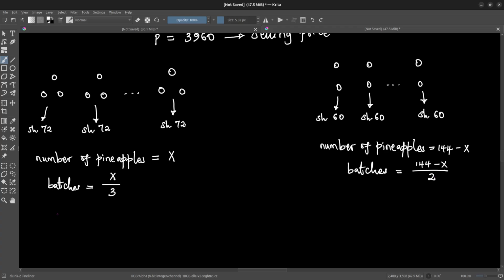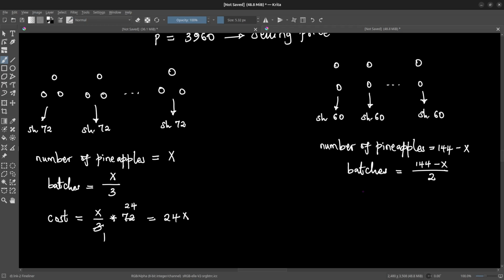Now let's calculate the cost. To get the cost, we do the number of batches, which is X over 3, multiplied by the cost per batch. The cost per batch was 72 shillings. And so 72 divided by 3 is 24. So in this case, the total cost was 24x.